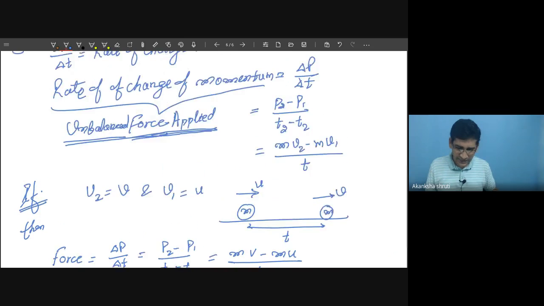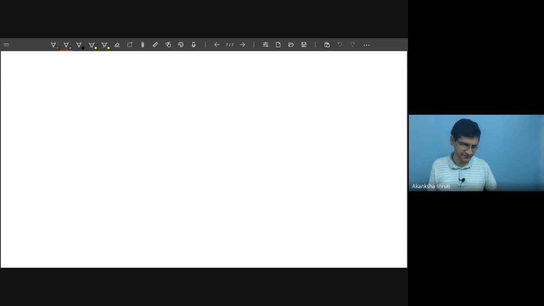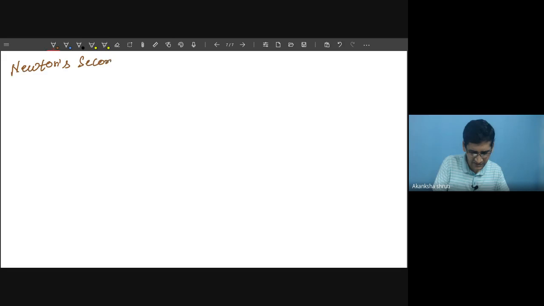So Newton's second law of motion, the definition or the statement is like this.